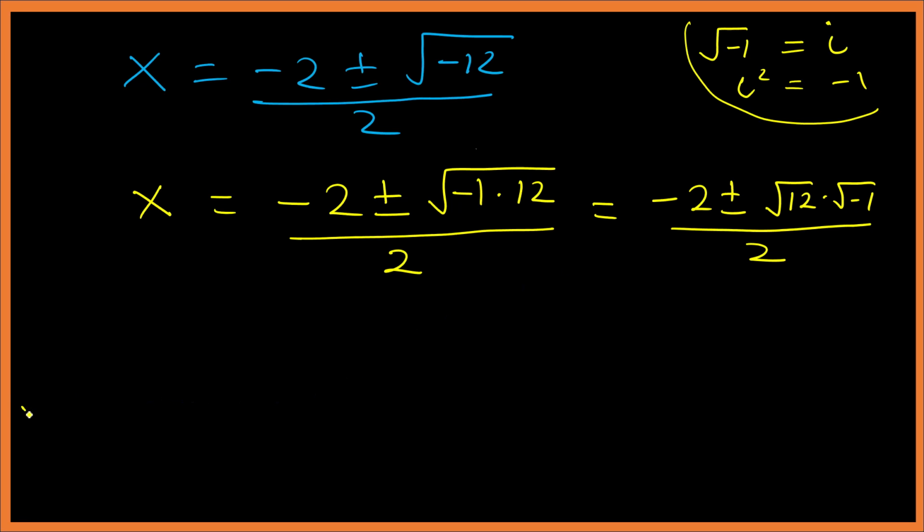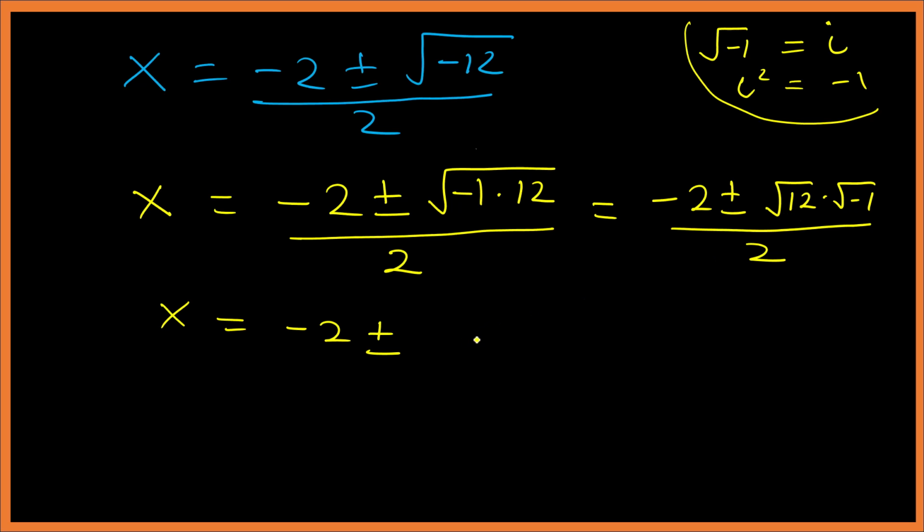Now remember, the square root of a times b is the same as the square root of a times the square root of b. So this side is the same as -2 plus or minus, and the square root of -1 is i.